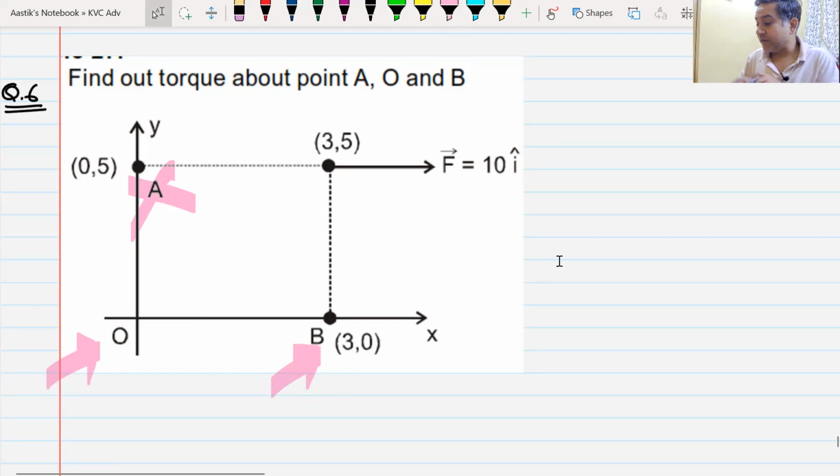We talked about torque of a force about a point. Remember, it was not about a point, it was about an axis passing through the point. Now we can move on to torque of the force about an axis. It is always about an axis.